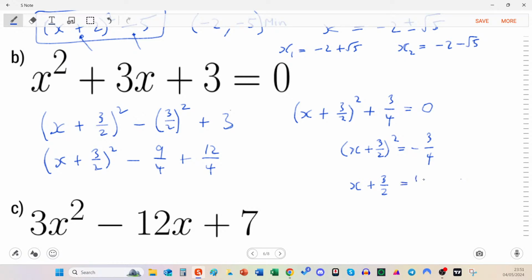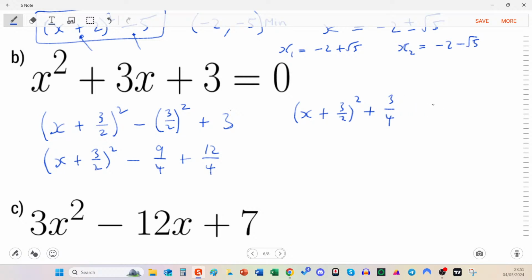But now you need to square root a negative number, and hopefully you've seen enough on your calculator that square rooting negative numbers gives you an error. So at this stage, some people might be shouting out, yeah, but I know how to solve that when it's negative. Good, but at GCSE, don't worry about it.